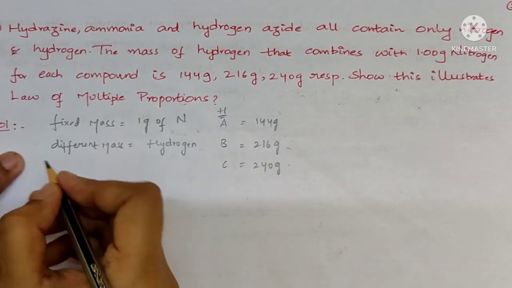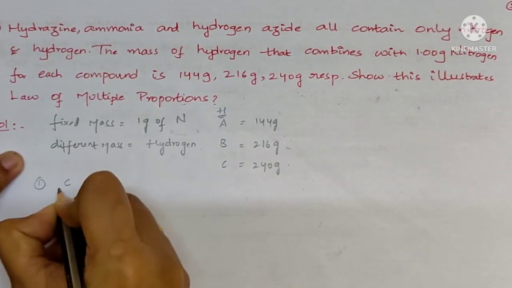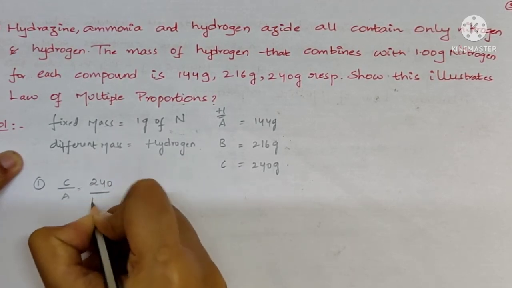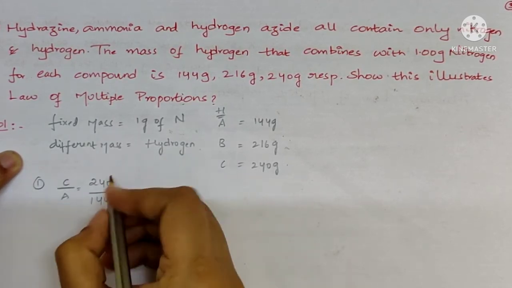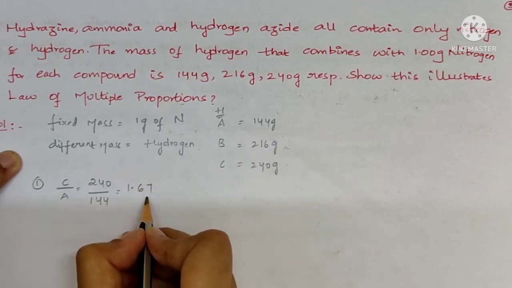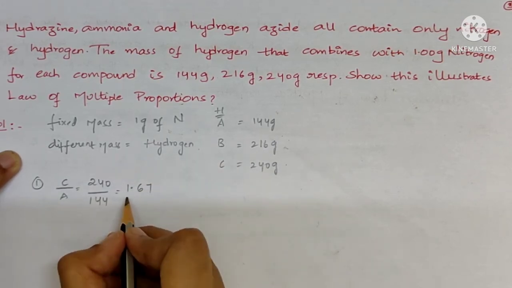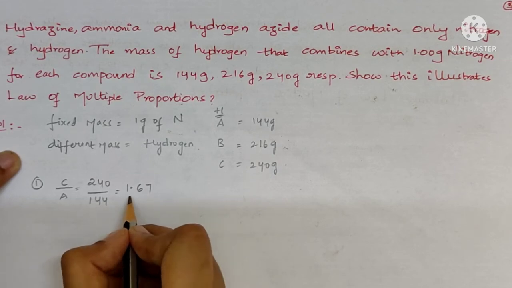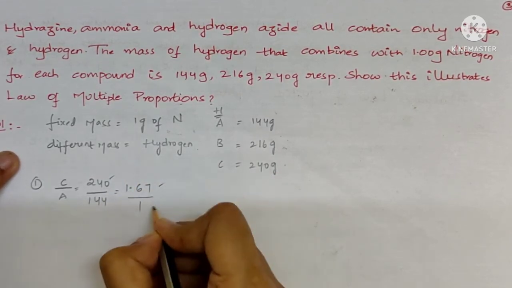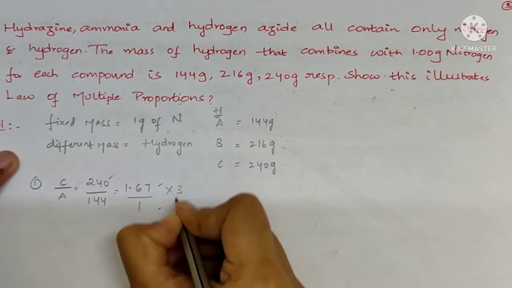Here in this case, C by A. 240 by 144, that is equal to 1.67. This is not a whole number, right? To make it a whole number, we have to multiply numerator and denominator by 3.